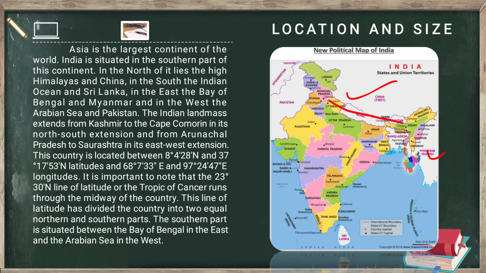Himalaya is here. Then what else? In the east, the Bay of Bengal and Myanmar, and in the west, the Arabian Sea and Pakistan. So this is the Arabian Sea, and this is Pakistan.